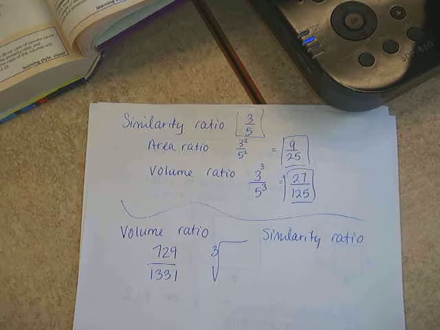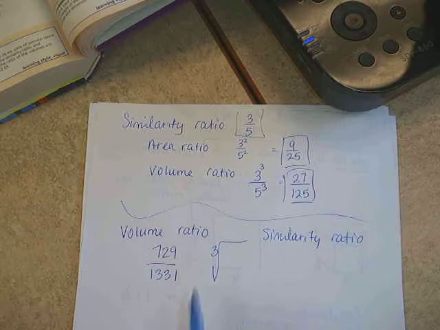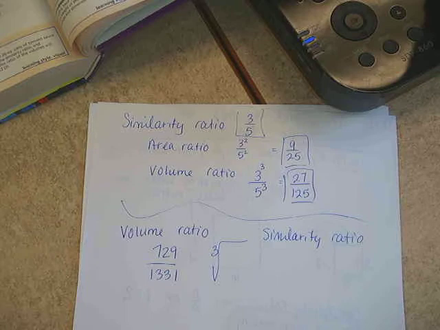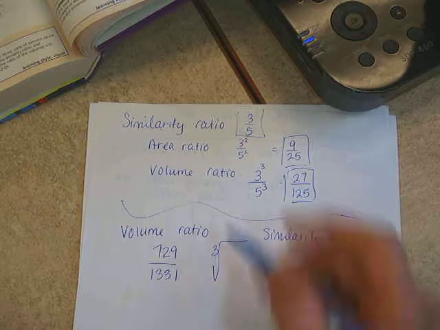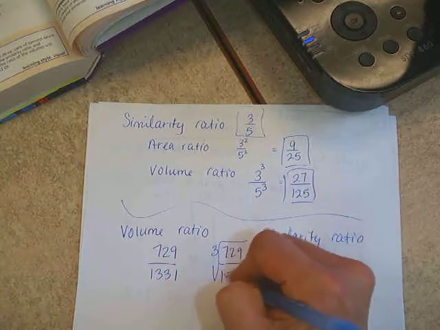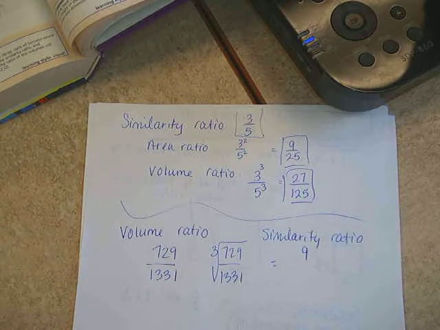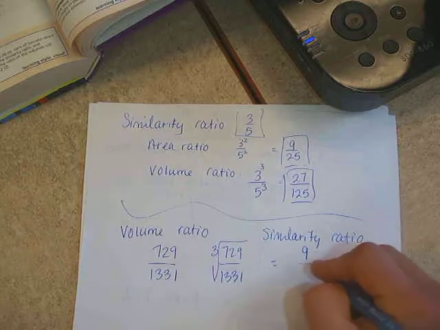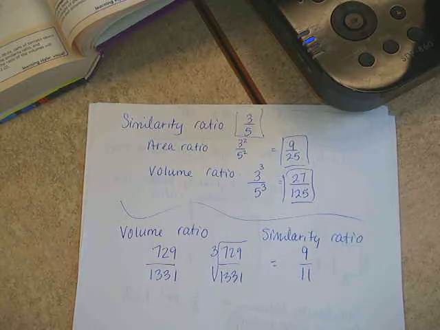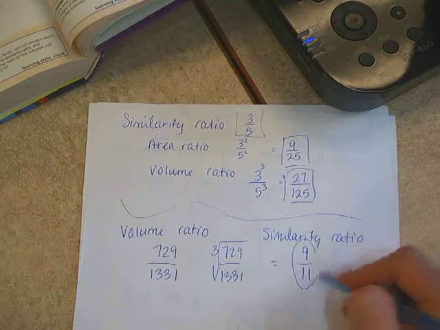So take your calculators a second. I want to make sure you're practicing with those cube root keys. So you're going to take the cube root of the top and the bottom separately. Don't try and do the whole fraction because we're not looking for a decimal answer. Okay, so if I do the cube root of 729, then I get 9.